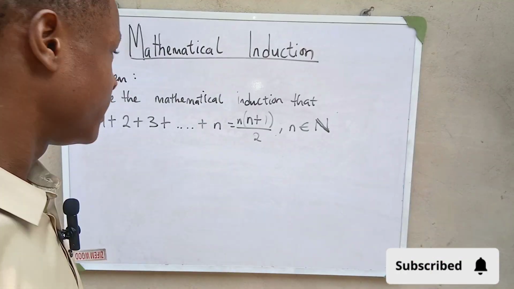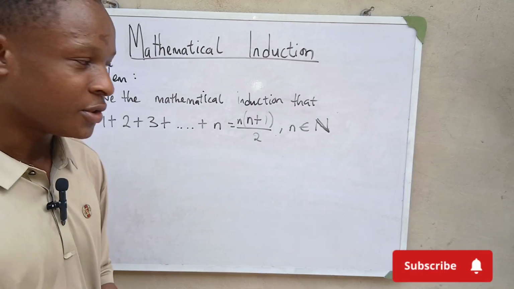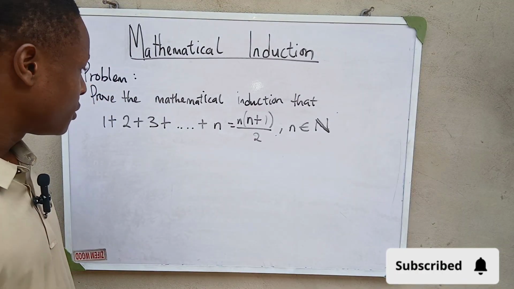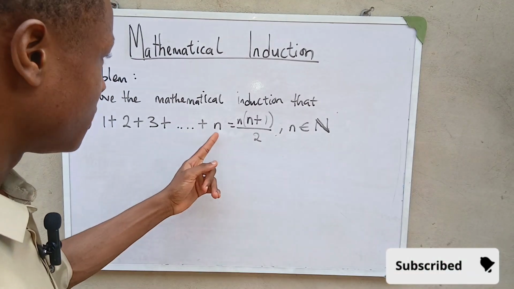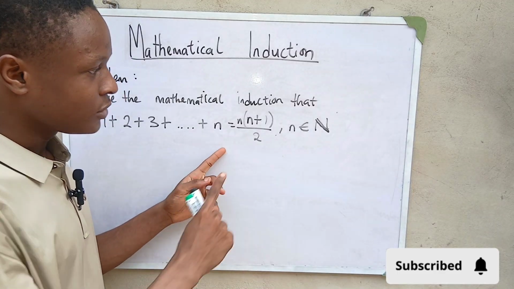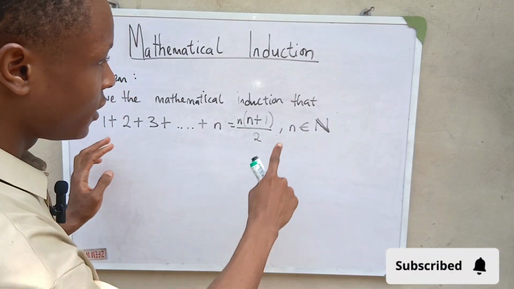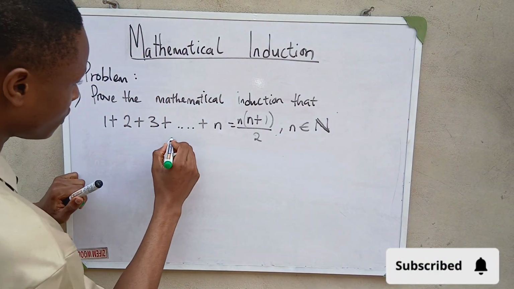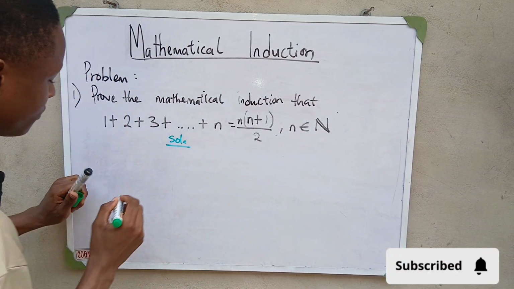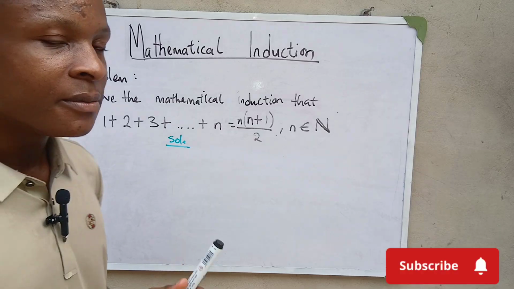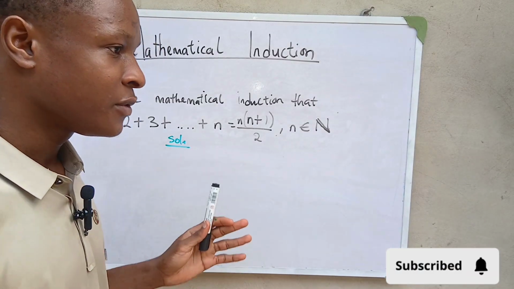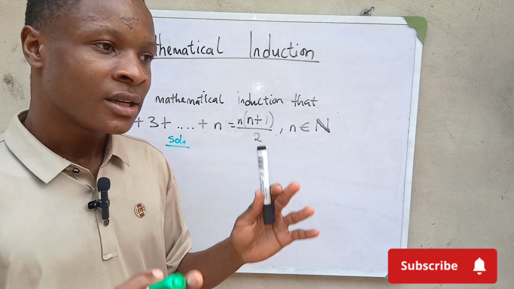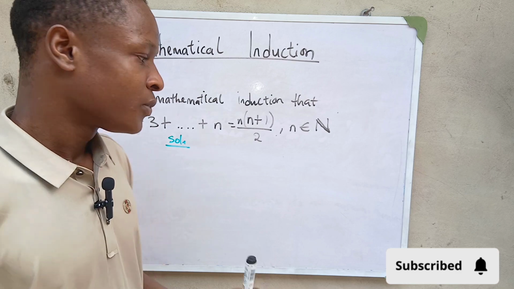We have this problem. It says prove by mathematical induction that 1 plus 2 plus 3 plus ... plus n is equal to n into n plus 1 over 2, where n is an element of the natural numbers. So solution. Now, when we are proving by mathematical induction, the first thing we have to do is to prove that P of 1 is true.